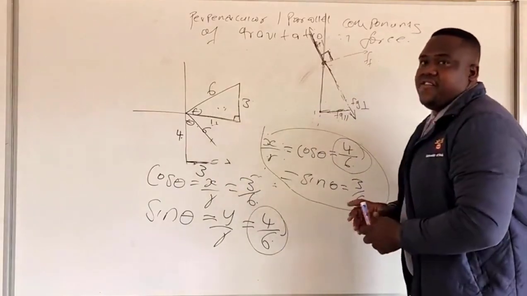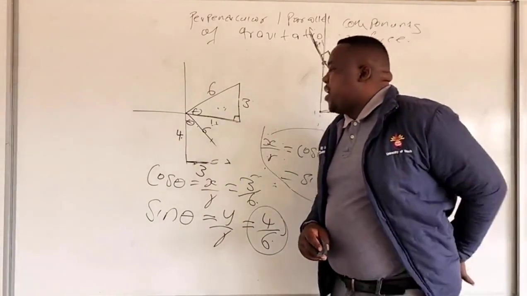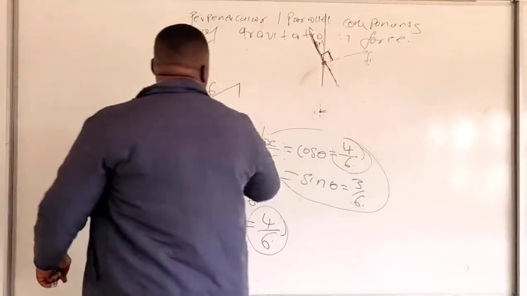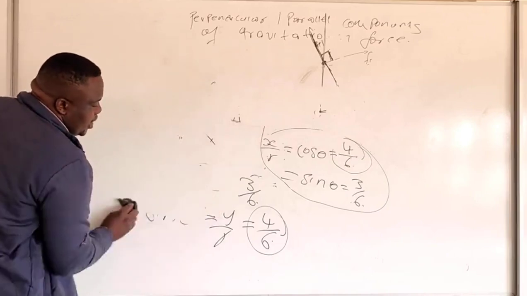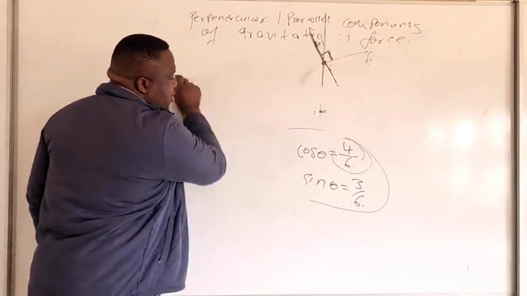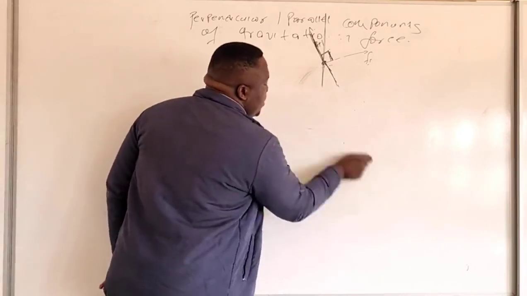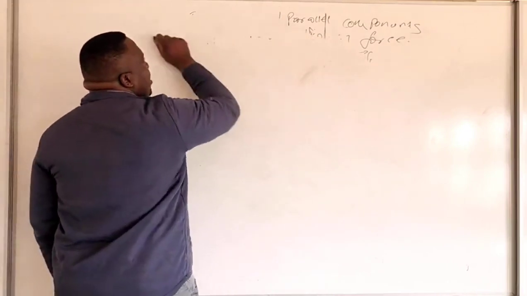So that's why for perpendicular we use sine, for parallel we use cos. Okay, I hope you understood what I was trying to show you: the perpendicular and parallel components of gravitational force.